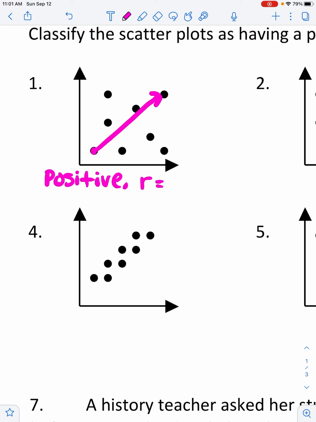It's not very strong because you notice how we really couldn't even tell positive or negative. We kind of had to think about it for a second. So I would say this is pretty weak. It's got some up here, some down here, not all tight to the line. Maybe we might estimate this is 0.1 for our R.